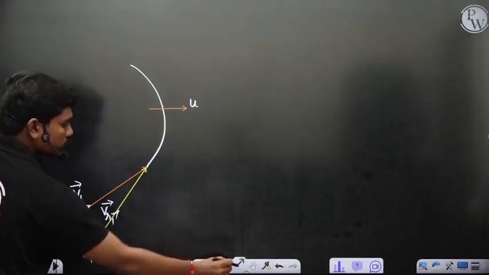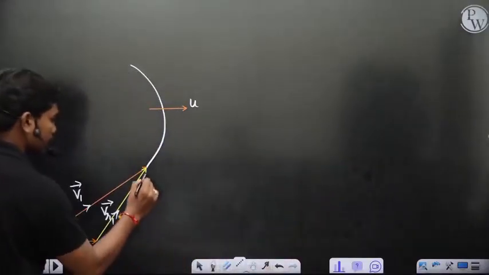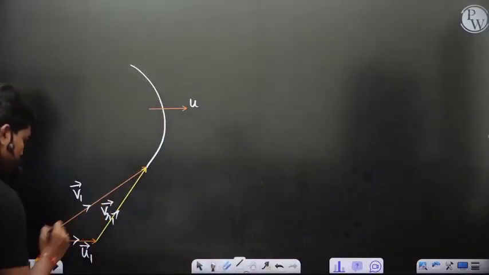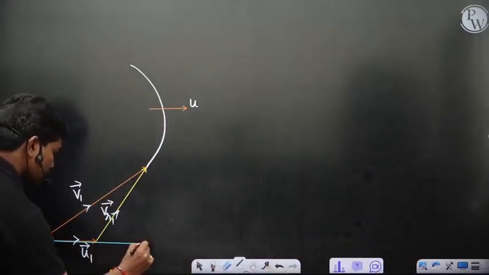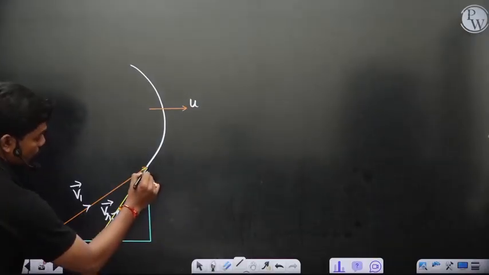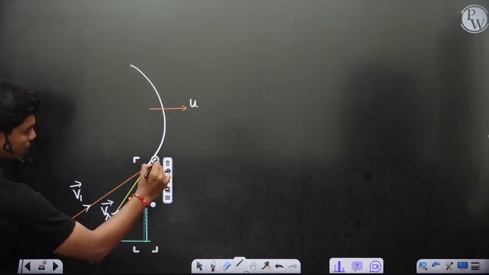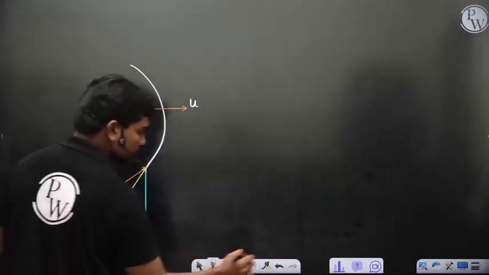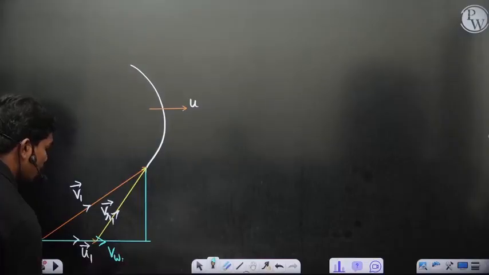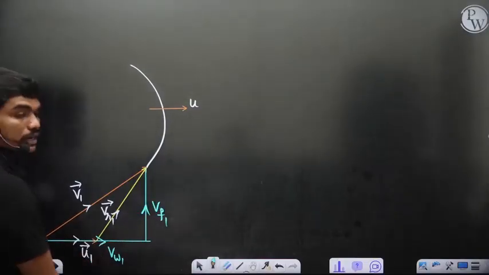And ultimately if you resolve this absolute velocity V1 into tangential and radial components, you can see now this is the total VW1 and this is VF1, the flow component of velocity, of course.